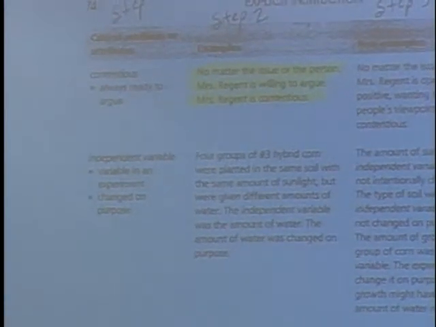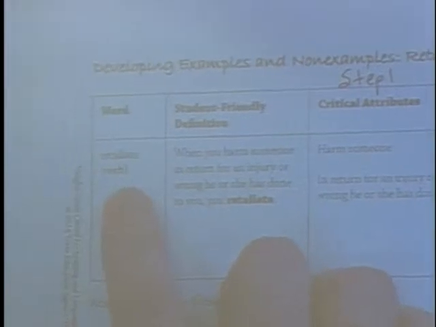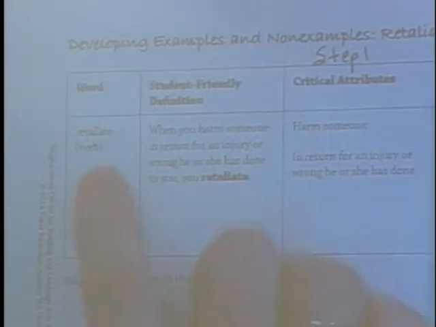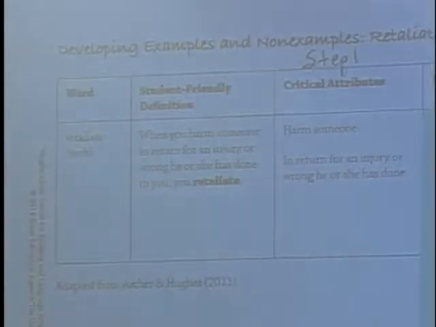Okay. Let me go back to this handout now. So if I'm looking at my word retaliate, we know that retaliate is when you harm someone in return for an injury or a wrong he or she has done to you. That means you retaliate. So I pulled out those critical attributes from that student-friendly definition.